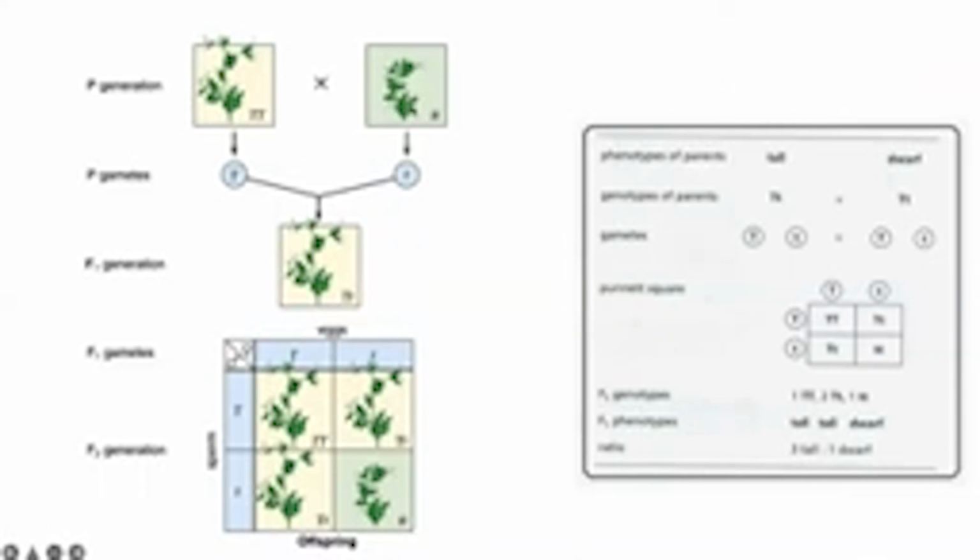Fine. Now, in his primary cross, called a monohybrid cross, he took these true breeding tall plants and the true breeding dwarf plants and crossed them together. And in the next generation, he found that all plants were tall. There was no sign of any dwarf plant. Fine. Then he selfed this tall plant.